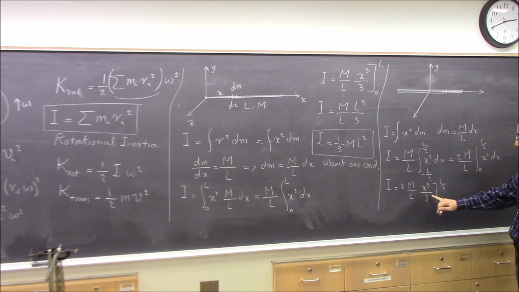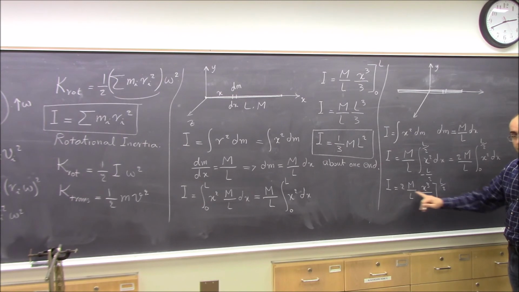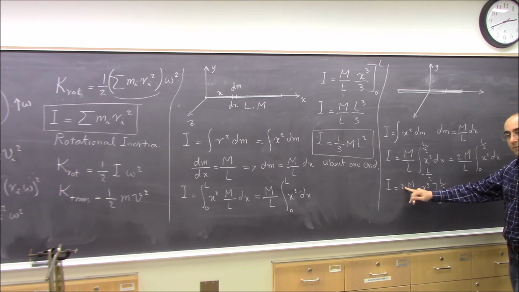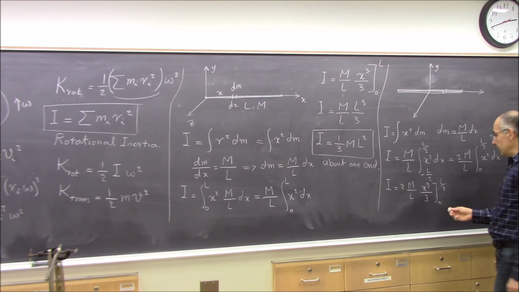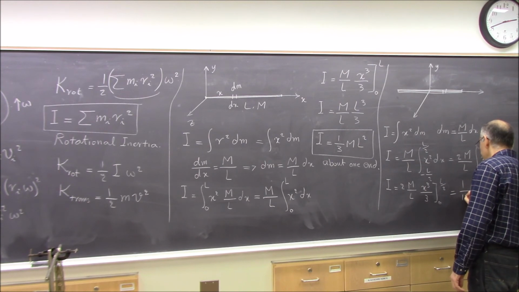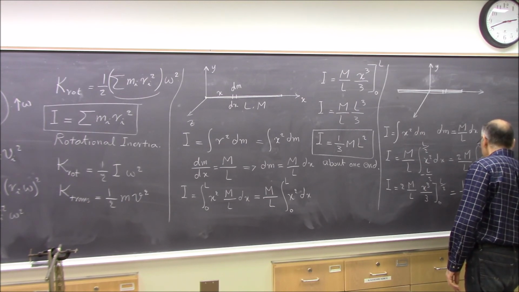So what would that be? For 0 you get 0. For L over 2 you get L cubed divided by 2 cubed. But one of the 2s cancels with the 8, and it becomes 1 over 4 times 3. So it becomes 1 over 12 M L squared.